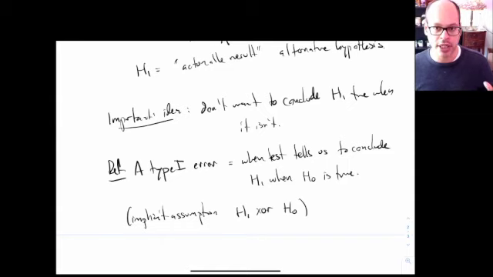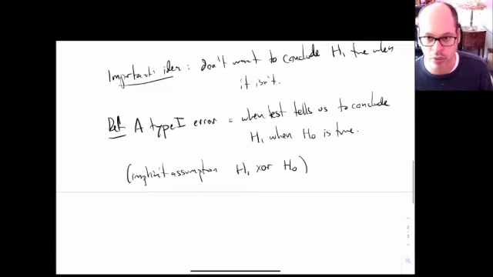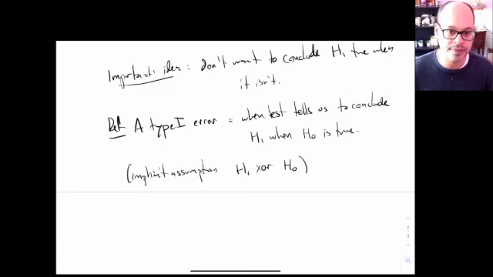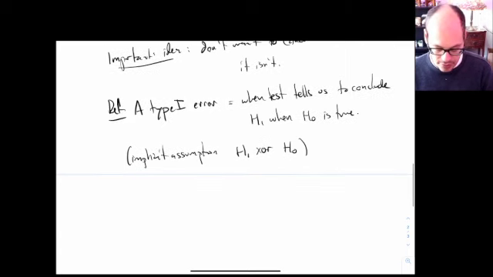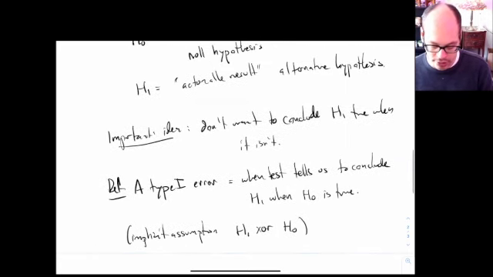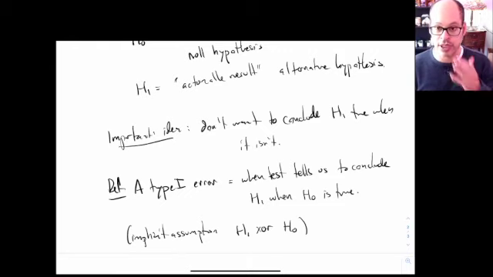And this is just a human assumption that we're putting into this. It's not a formal logical thing. It's just the way we're setting it up and discussing it. Okay. So this is one important idea. We really don't want to conclude that H1 is true when it isn't.